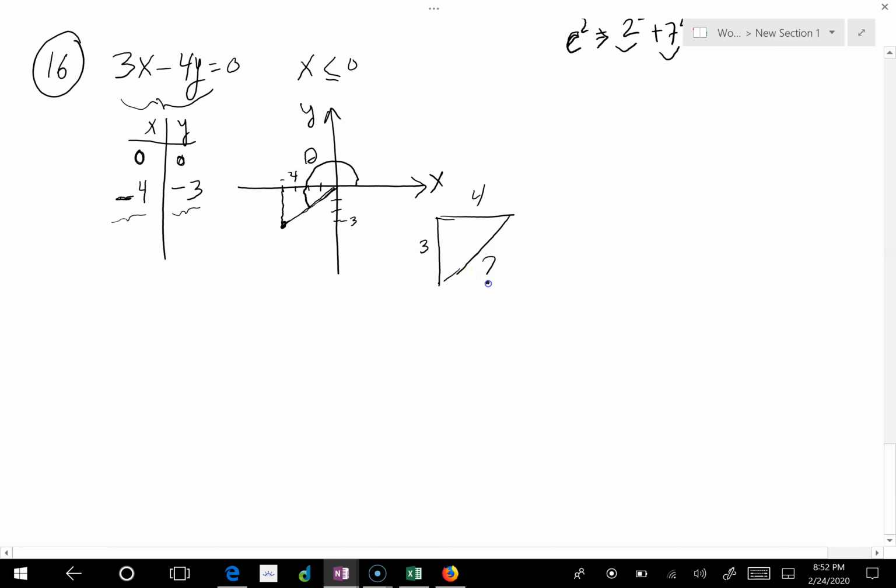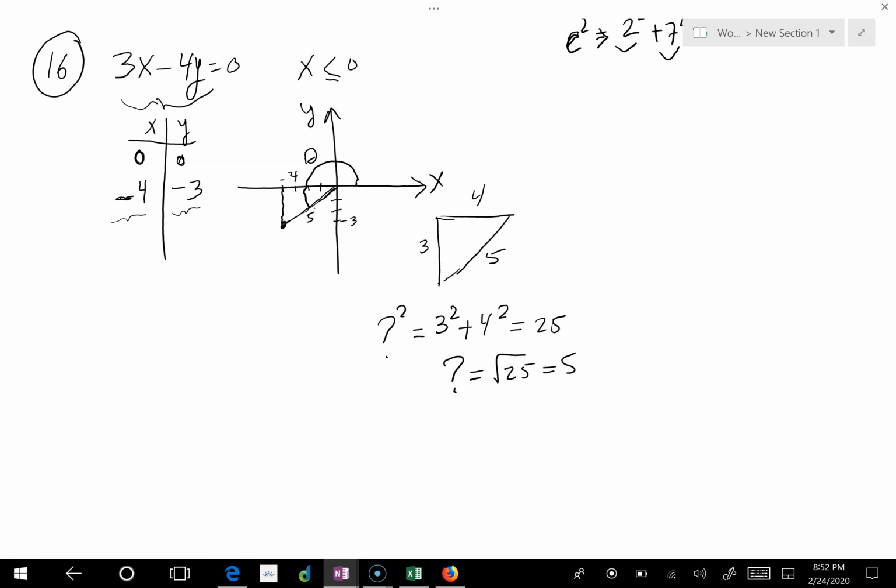In order to find the third side, it would be 3 squared plus 4 squared is equal to that question mark squared. 9 plus 16 is 25. So the question mark is the square root of 25, which is 5. So this hypotenuse is 5.